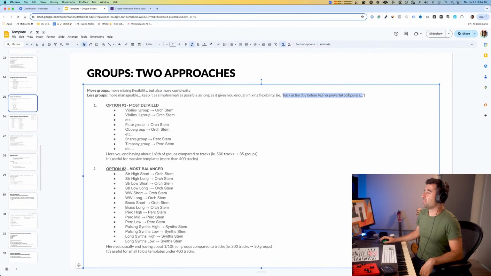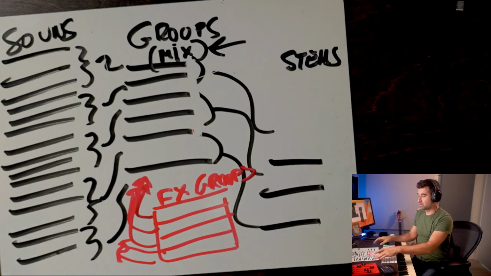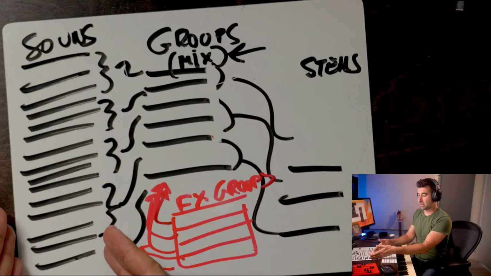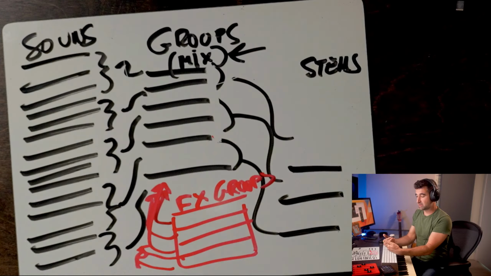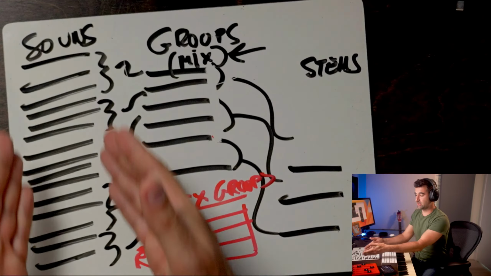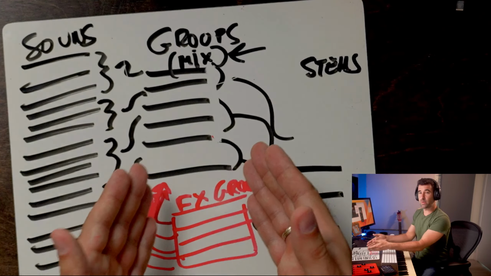And back in the day, before Pro Tools and powerful computers, for example, let's just go back here for a second. Why would we need groups if we can do the mix directly in the tracks? My reason is, I do the mix faster here than here, because dealing with hundreds of tracks is harder than dealing with 30 tracks.